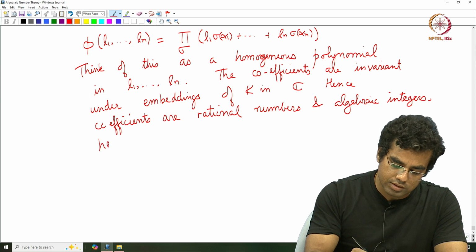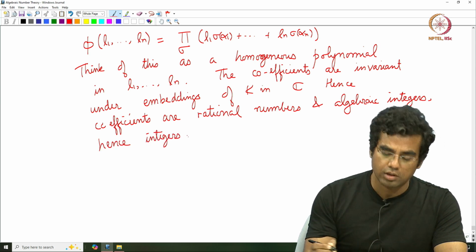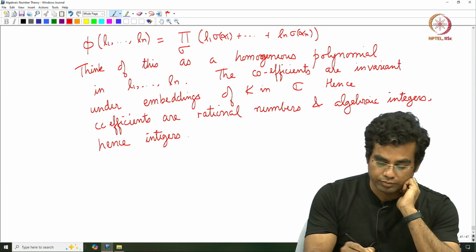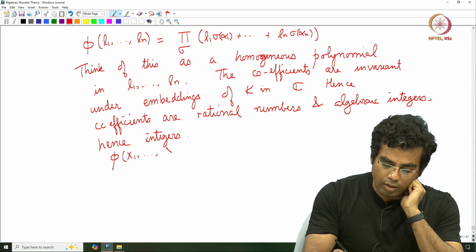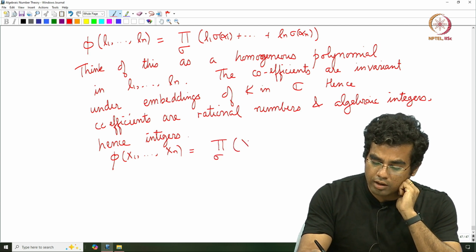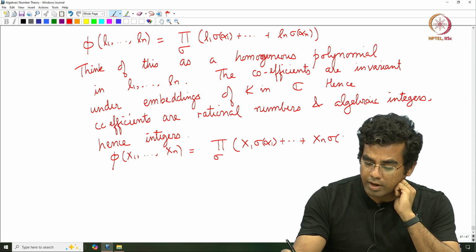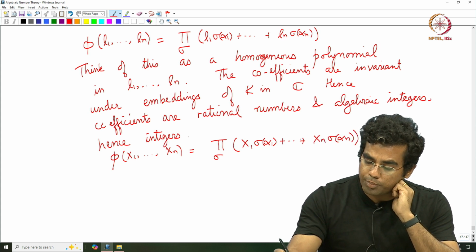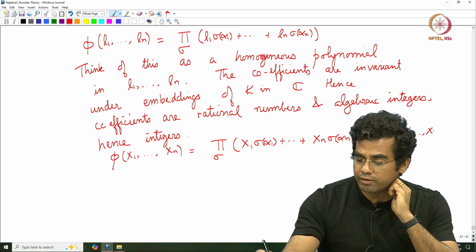Hence, integers. Okay. So, phi of x1 up to xn, if you like, as product over sigma x1 sigma alpha 1 and so on up to xn sigma alpha n is a polynomial with integer coefficients, polynomial in n variables.